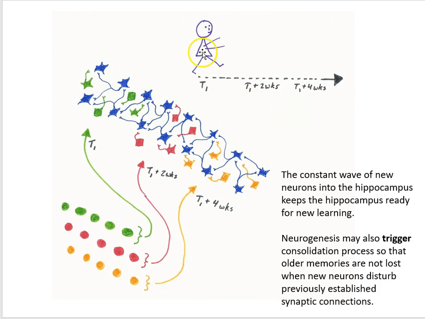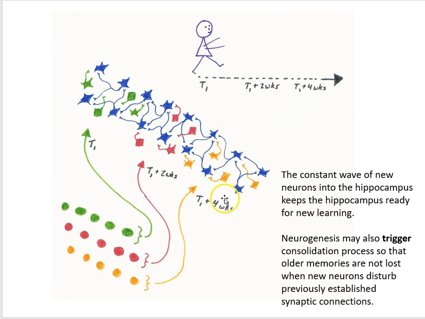So we want to think of ourselves as we go through our lives, we're moving through time, and all the while we're learning new things. The hippocampus is being refreshed with these new neurons. And one important consequence of the new neurons integrating into the hippocampus is that they will disrupt older memories, causing a decay of those older memory traces. But the flip side is that it prepares the hippocampus for new learning.